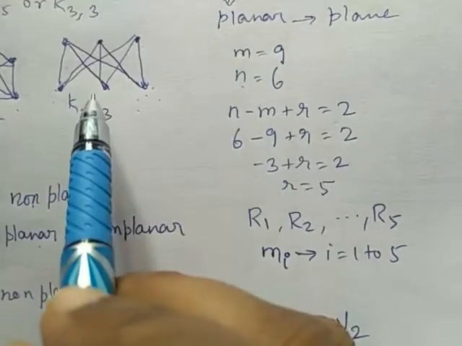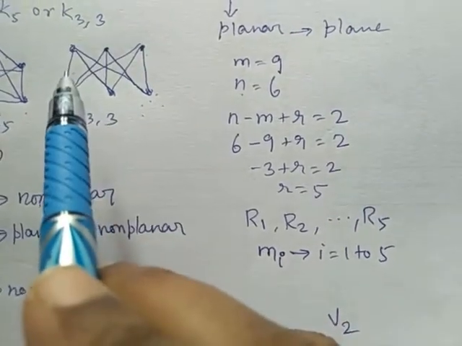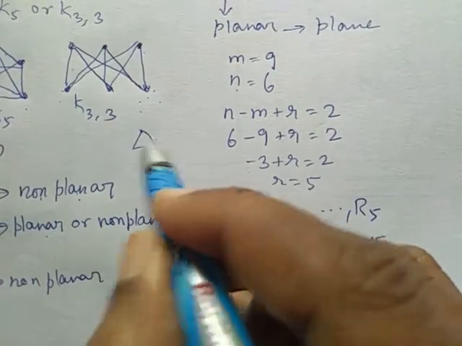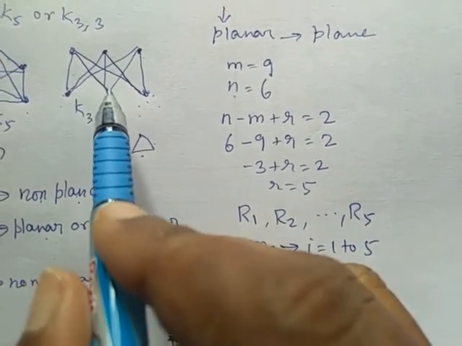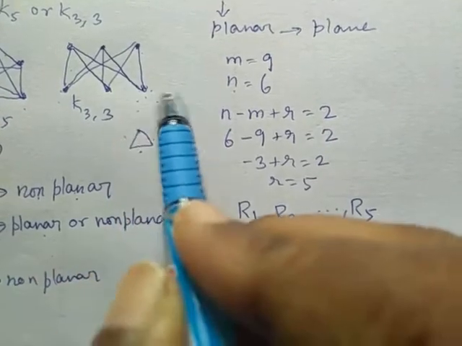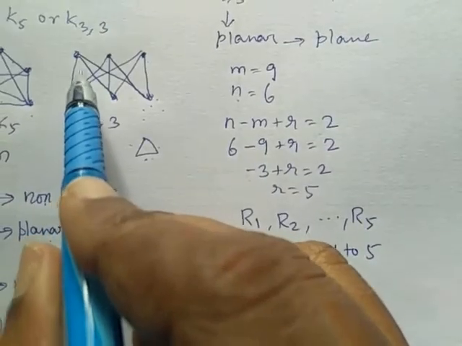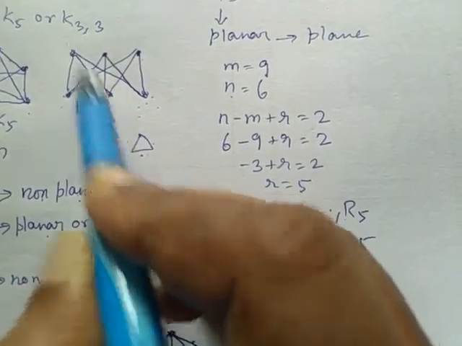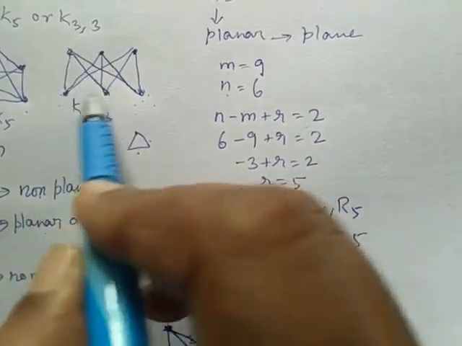So, when we look at K3,3, this graph does not contain any triangle. So, the boundary is not equal to 3. It should be greater than 3. The number of edges in one region as its boundary should be greater than 3. See, this vertex and this vertex are connected, this vertex and this vertex are connected, and it does not form a triangle.